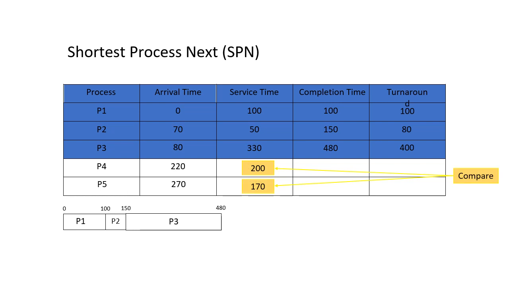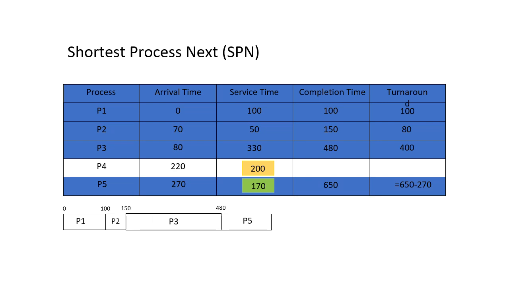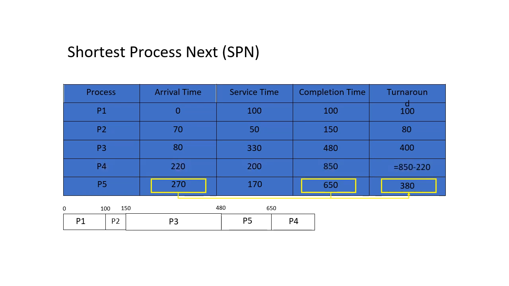After that, the operating system compares the service time of job P4 and job P5 to decide which job will be executed next. P5 will be selected because its service time is shorter. P5 completes at 650 seconds and the turnaround time is 380 seconds.